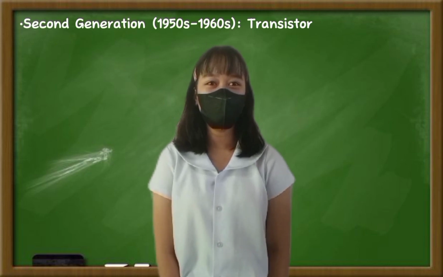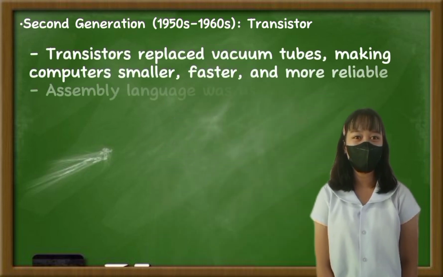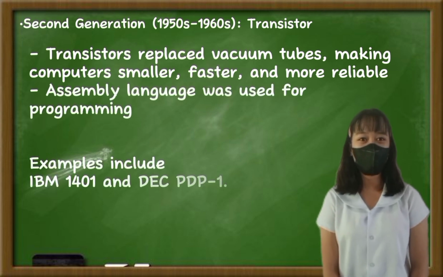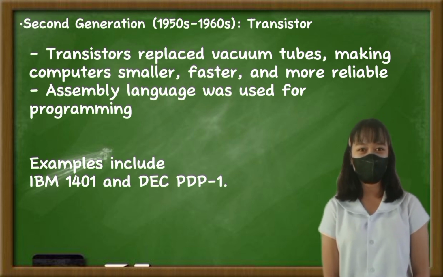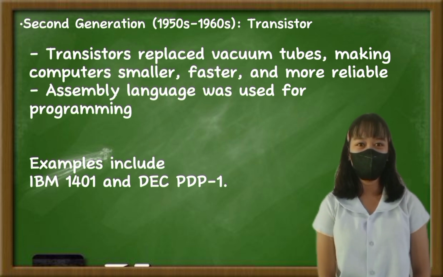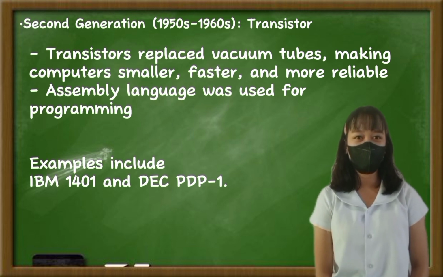The second generation of computer was developed in the late 1950s and 1960s. These computers replaced vacuum tubes with transistors, making them smaller, faster, and more efficient. This was done as transistors were more reliable than vacuum tubes, required less maintenance, and generated less heat.